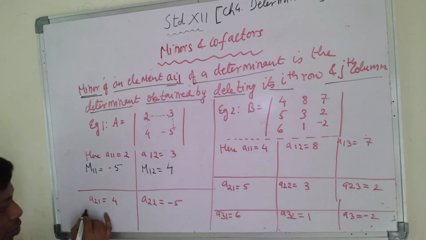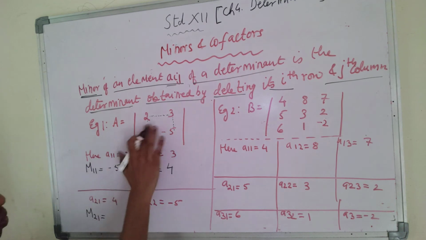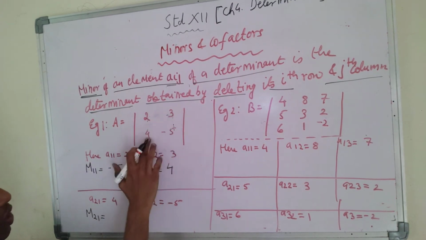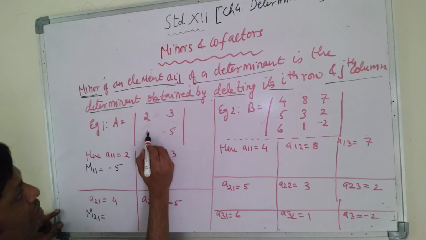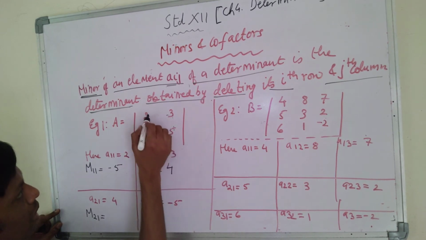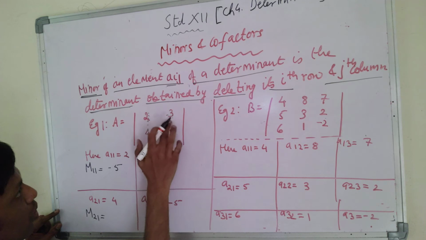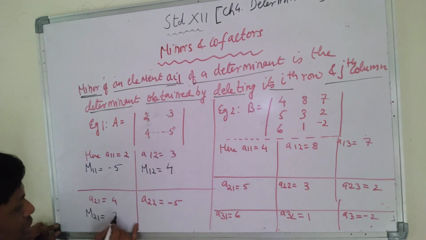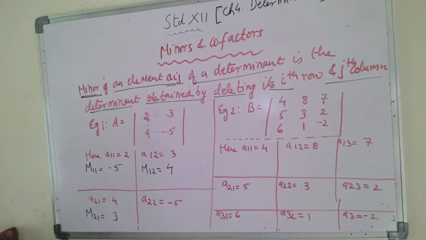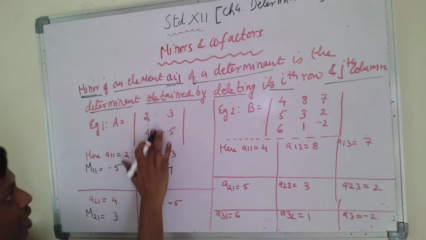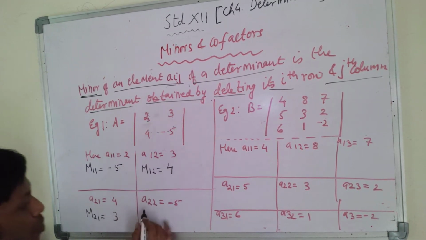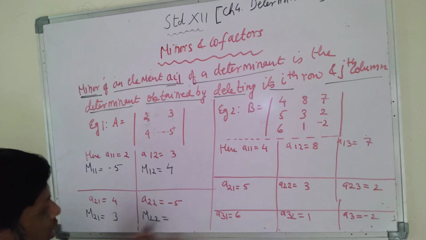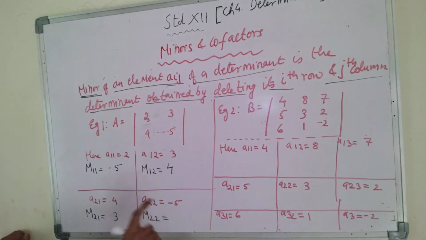Let us look at the minor of the element A21. Where is 4 positioned? It is in the second row and the first column. So you hide that row and that column. What are you left with? 3. So M21 will be 3. Similarly, the last one is M22, the minor for the element minus 5.